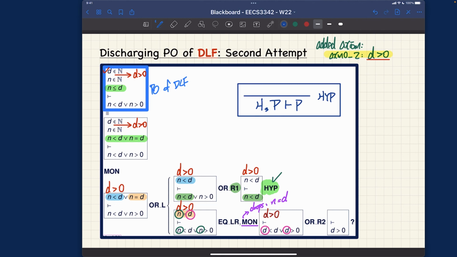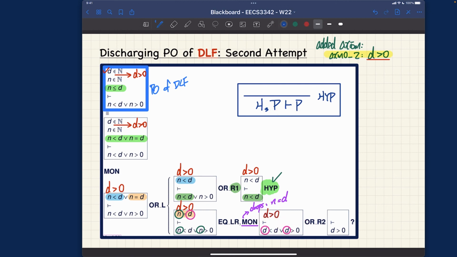Let me just help you recall. But is our sequence over here really matching the hypothesis rule over here? Right? Let's try to see. D larger than 0 is really like the P over here. D less than D is really like the P over here. However, we got this particular disjunction that's really annoying us, right? So we cannot just yet apply the hypothesis rule, right?